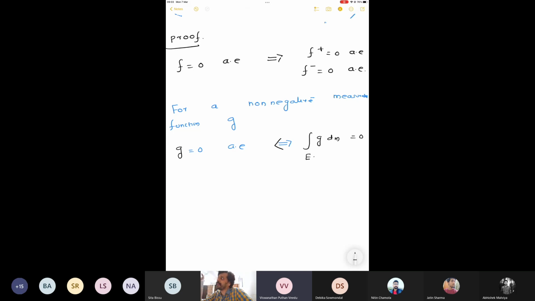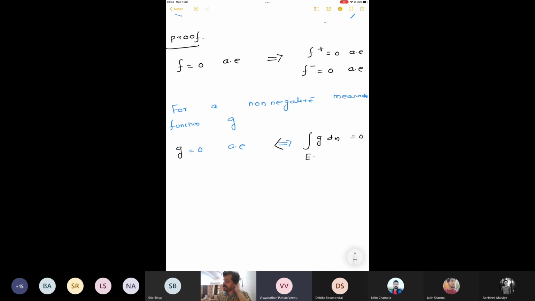You know that in the Riemann integral, if the function is 0, the integral is 0. If the integral is 0, the function need not be 0. But if the integral is 0 and the function is non-negative and continuous, can you say the function will be 0? Yes, sir.